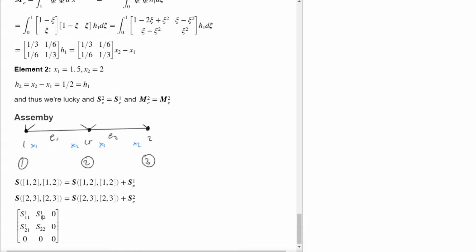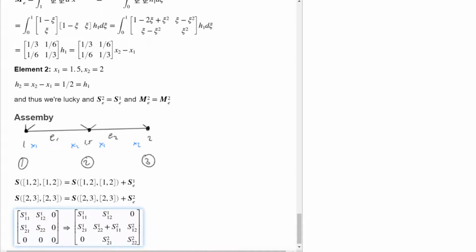And in the second line here we're adding S2 to the positions 2 and 3, and there's an overlap in the middle node, of course, because we have the contribution 2, 2 from element 1 and the contribution 1, 1 from element 2.